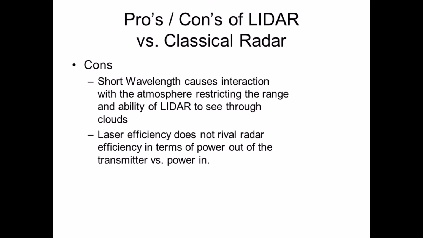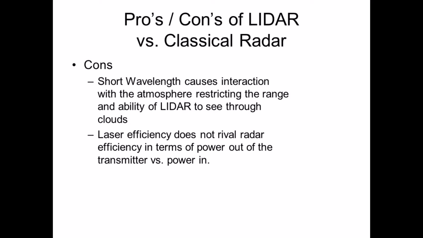Now, the other aspect of laser radar that isn't very palatable in a lot of cases is that the laser efficiency, or the amount of power you get out of a laser versus what you put in it, doesn't really rival radar transmitter systems, where you can get 80-90% power out of the radar into the radar beam from the electricity you put in it.